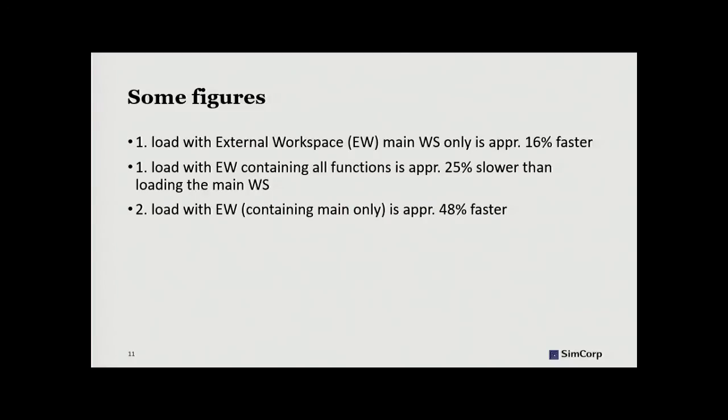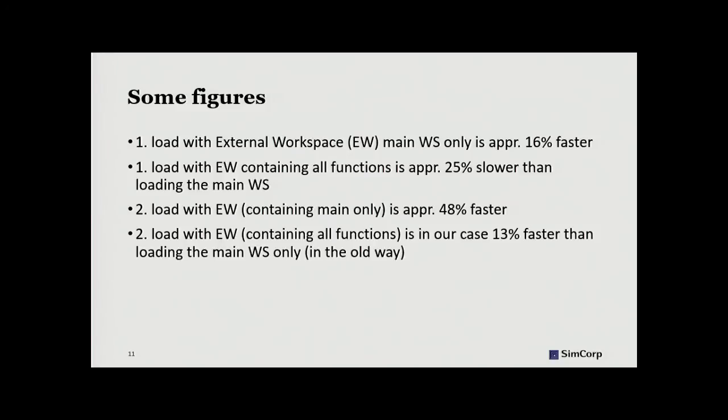The second time we load on the same machine, it's almost 50% faster because it doesn't have to read the external workspace. And even with all the functions, it's 13% faster than today. So we could pay a penalty on the first startup, and then we actually benefit after the next two startups on the same machine.